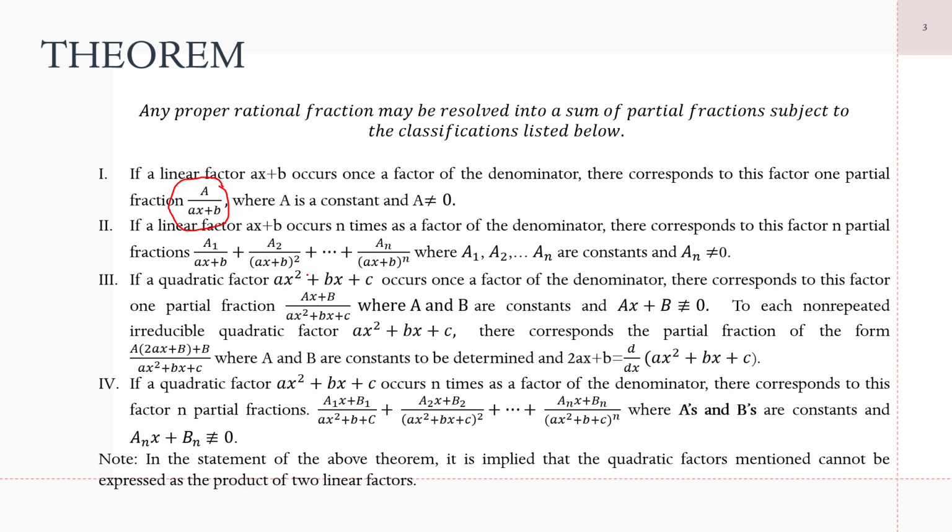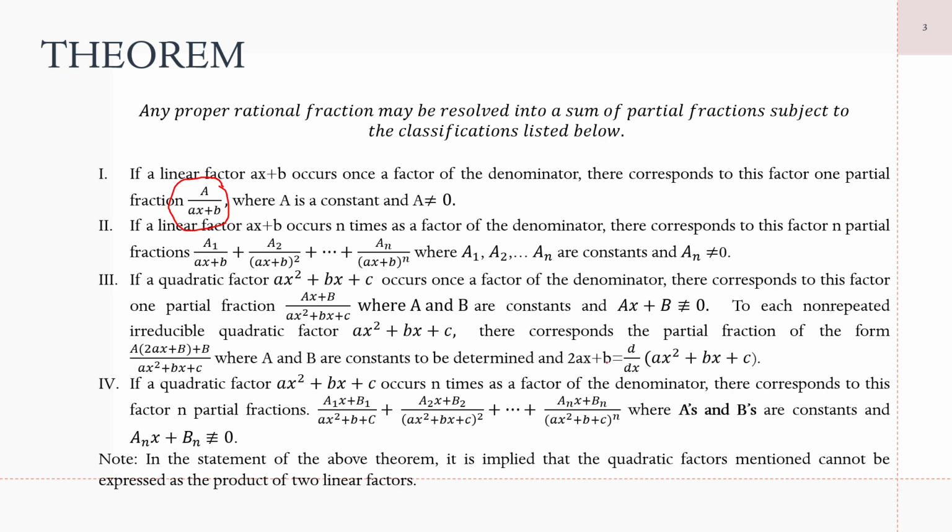The third case is that if a quadratic factor ax squared plus bx plus c occurs once as a factor of the denominator, there corresponds one partial fraction of the form ax plus b over ax squared plus bx plus c. Or, to each non-repeated irreducible factor, there corresponds a partial fraction of the form 2ax plus b over ax squared plus bx plus c, where a and b are constants to be determined.